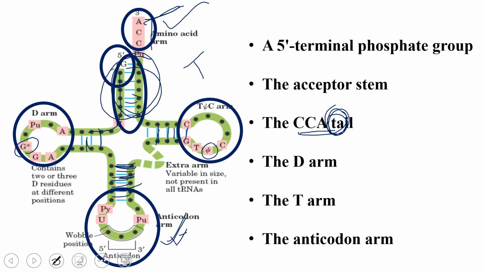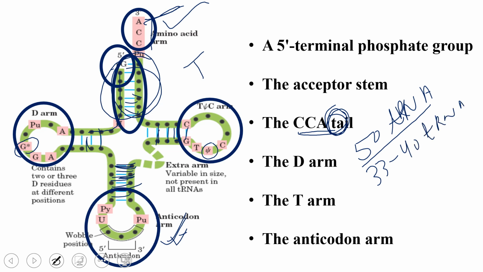In case of human or in case of eukaryotes, roughly we have a maximum of around 50 tRNA. In case of human or eukaryote we can have up to 50 tRNA, and when we are talking about prokaryotic systems we have 33 to 40 tRNA.